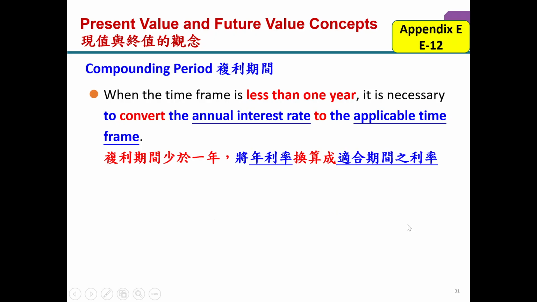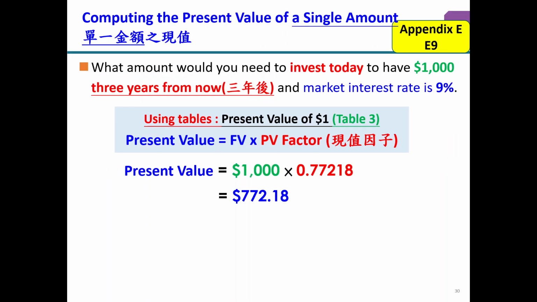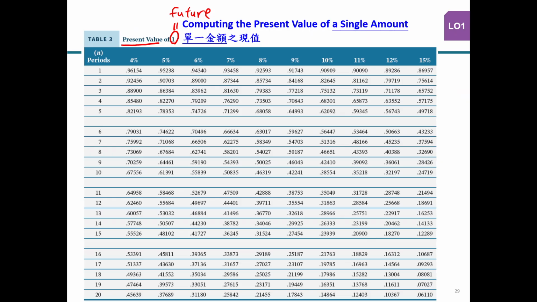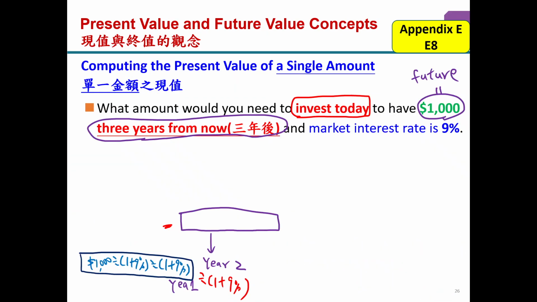Okay, so since you understand how to get a present value and future value, now we have to think about another case. For the cases we've mentioned, we think only for 1 year, right? So after 3 years, usually the period is for how long?